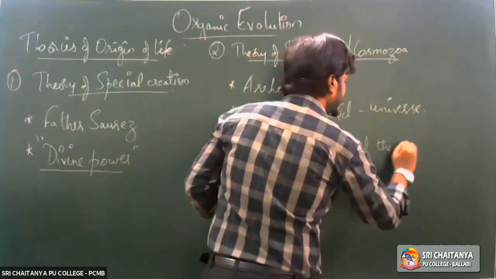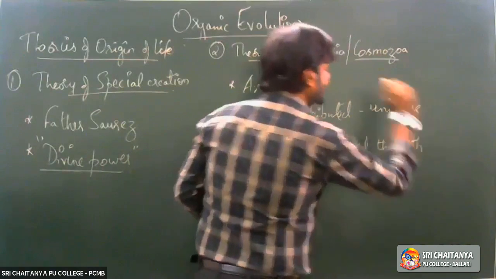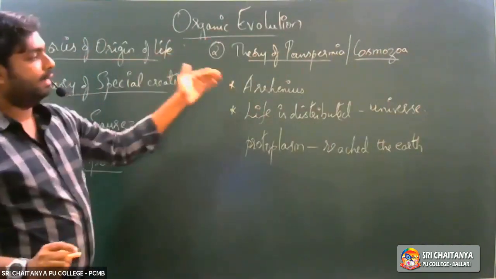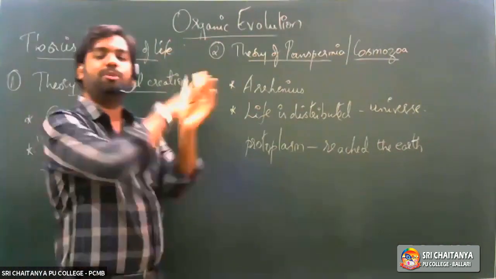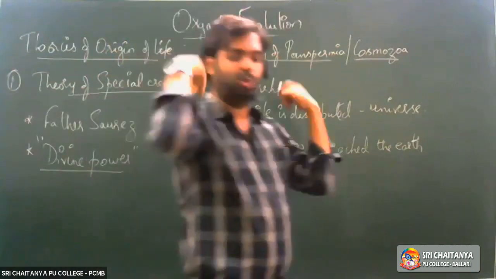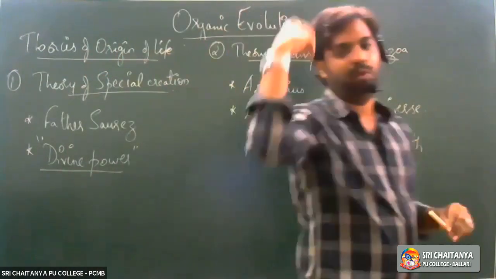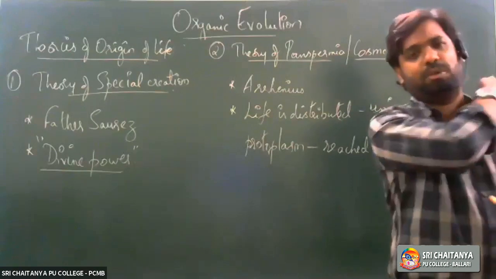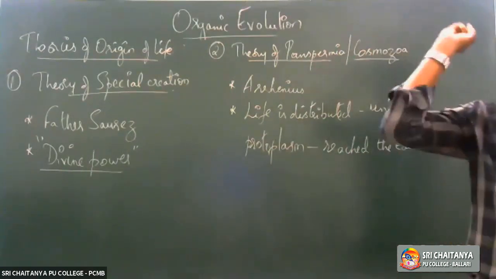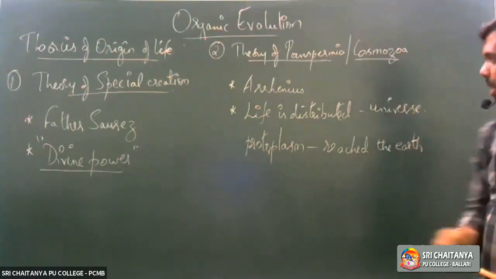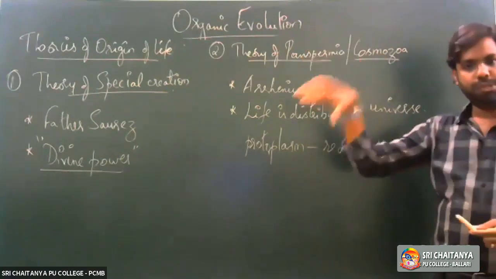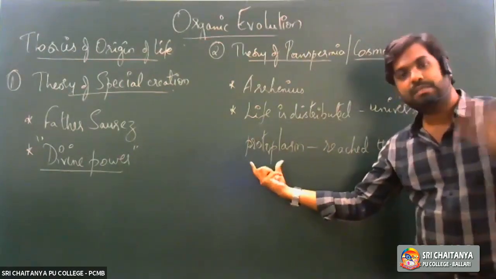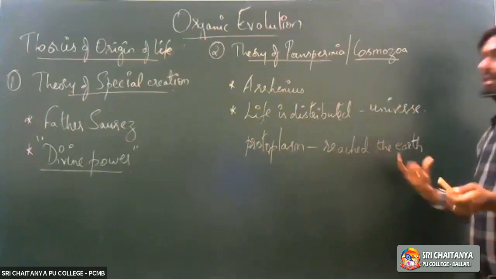Reached the earth. This is what he said. What Arrhenius said is that life is distributed throughout the universe, so you go to any part of the universe, we have life there. From some unknown part of the universe, protoplasm somehow reached the earth.